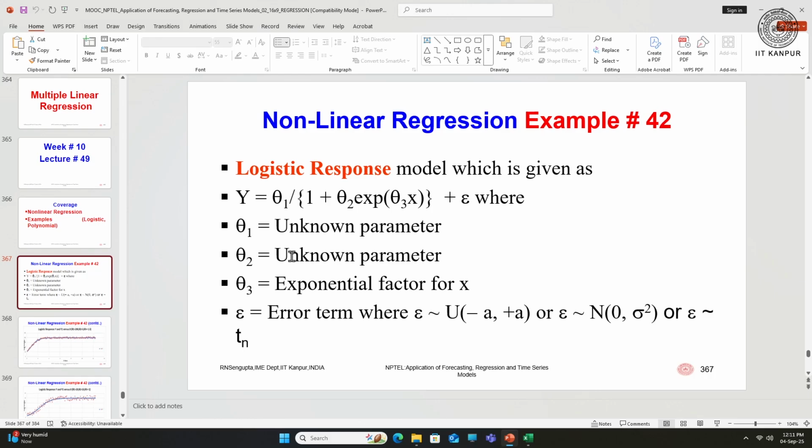Theta 2 is there, but it is neglected. So in the long run, as x tends to infinity, the y value will turn out to be theta 1, which in one case I take as 200, in another case as 100.